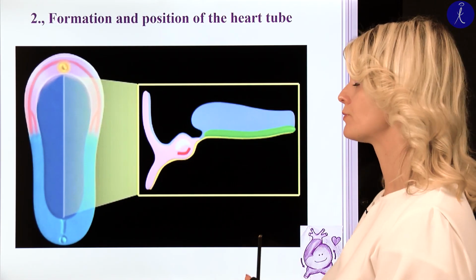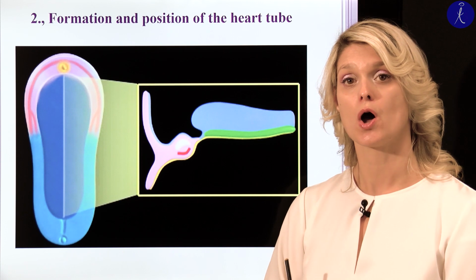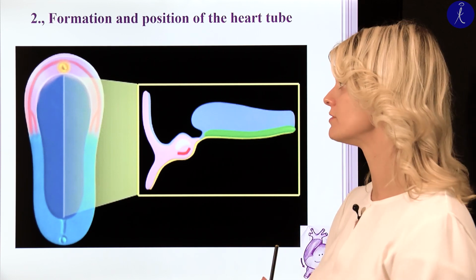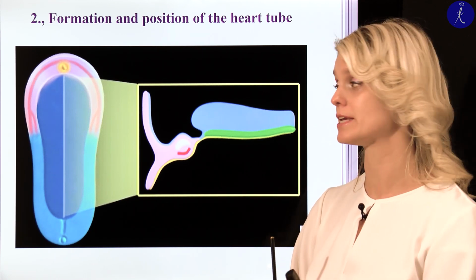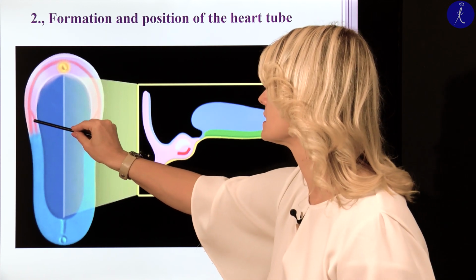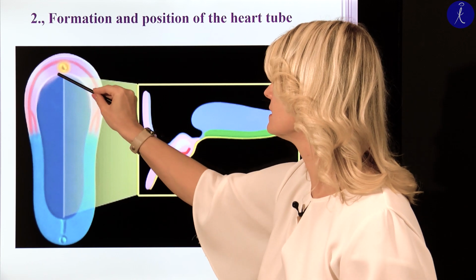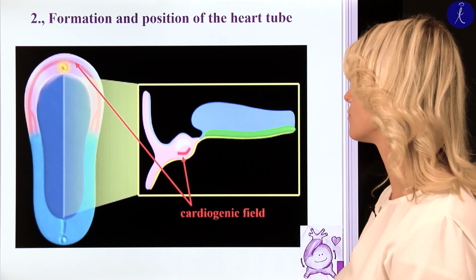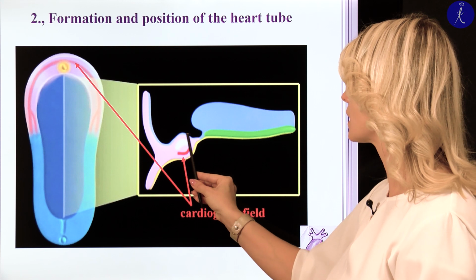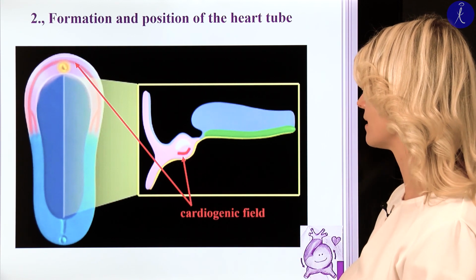Here you can see this three-dimensional picture about the position of this developing cardiogenic field. Here you can see the horseshoe-shaped structure, which is located in front of the buccopharyngeal membrane. So the cardiogenic field is located there.